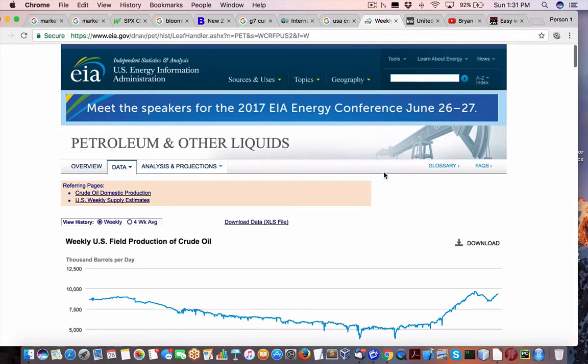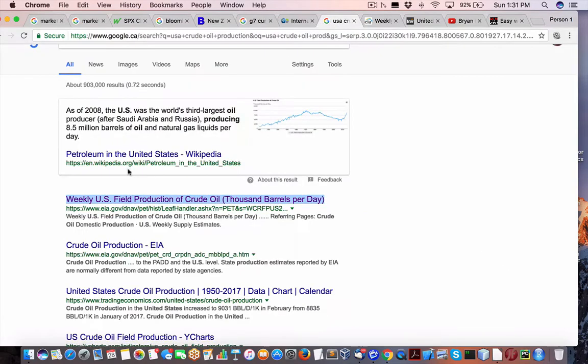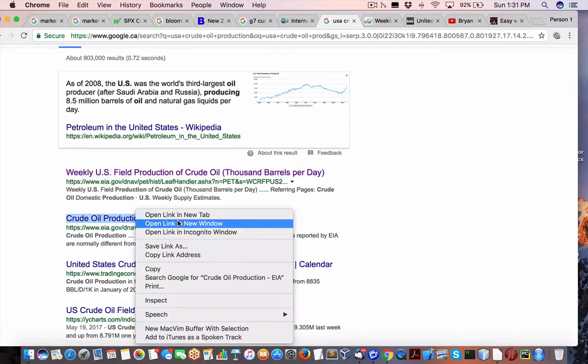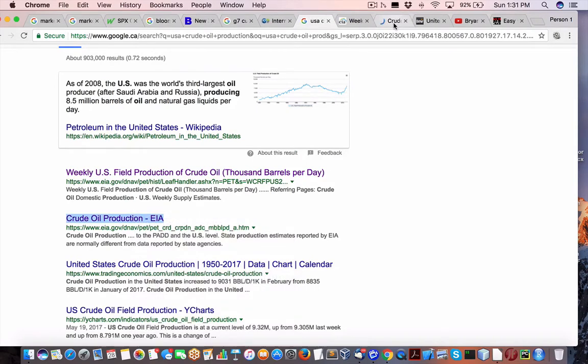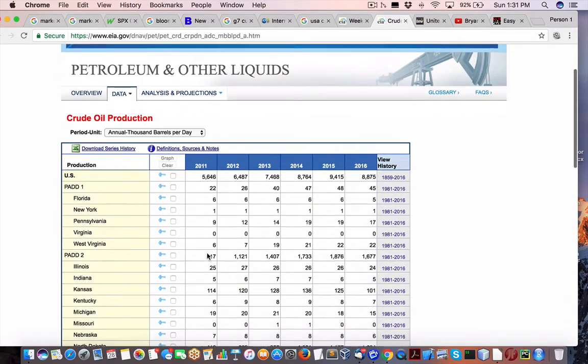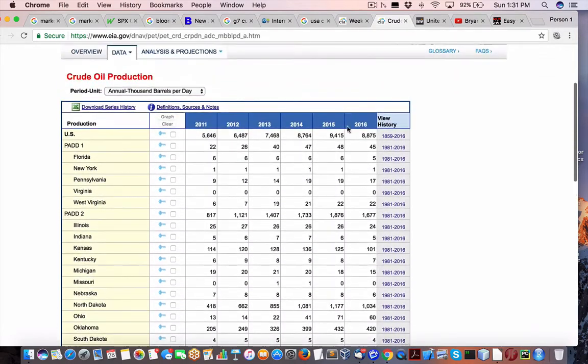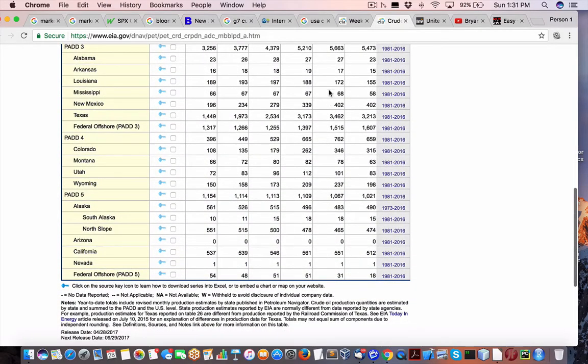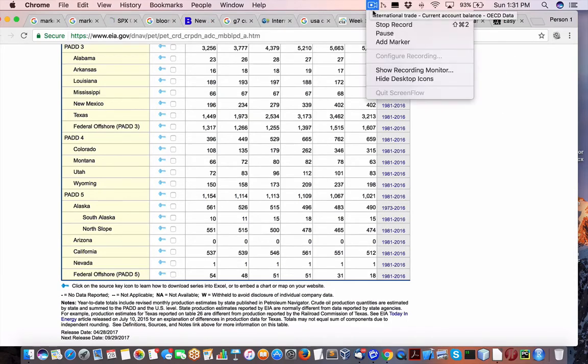They're probably up at the top as an influence on price because of their market. But there was another interesting one, let's see if we can track it. Yeah, so you can see all the oil production here for the year. So those are interesting things that you should be on the lookout for regarding all this. Okay, so that's all that. Have a good one. Talk to you later.